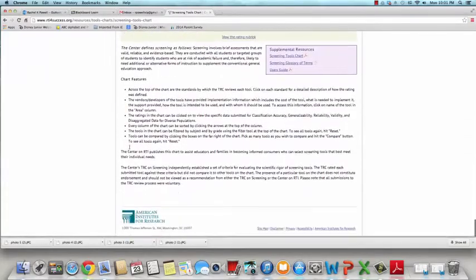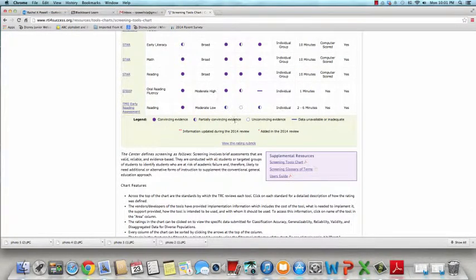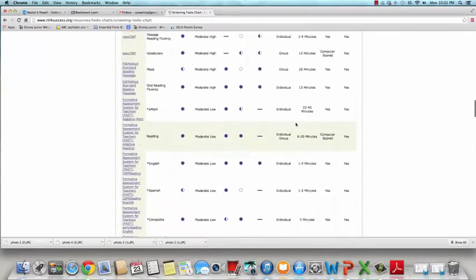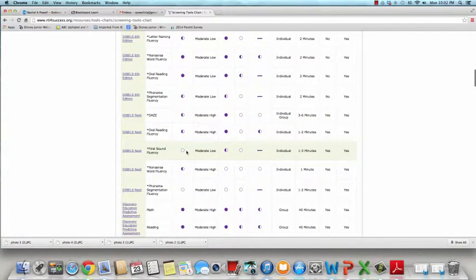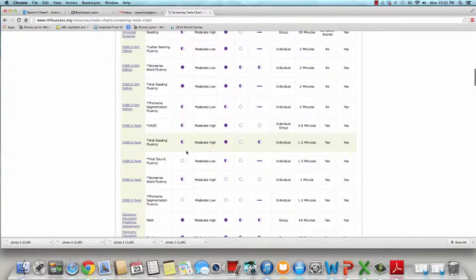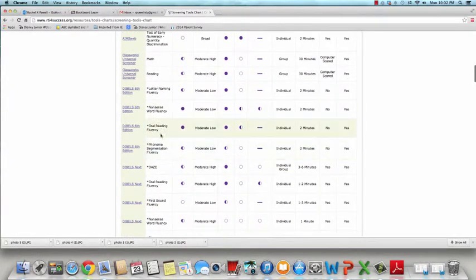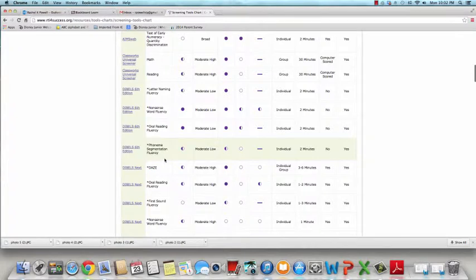I have to look at it. Convincing evidence, partially convincing evidence, unconvincing evidence, and data unavailable. So it's interesting that on DIBELS Next, which is the latest version of DIBELS, first sound fluency has unconvincing evidence. But when it came to initial sound fluency, which is not even listed here, it doesn't even tell you what the evidence rating was for that.